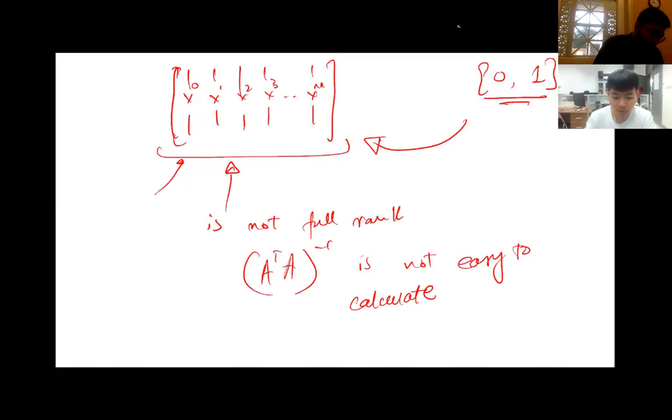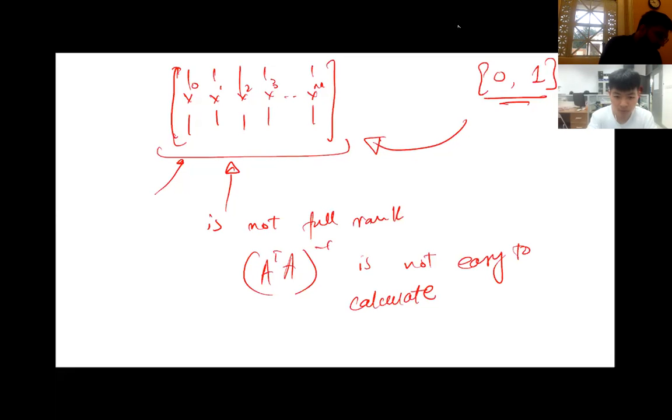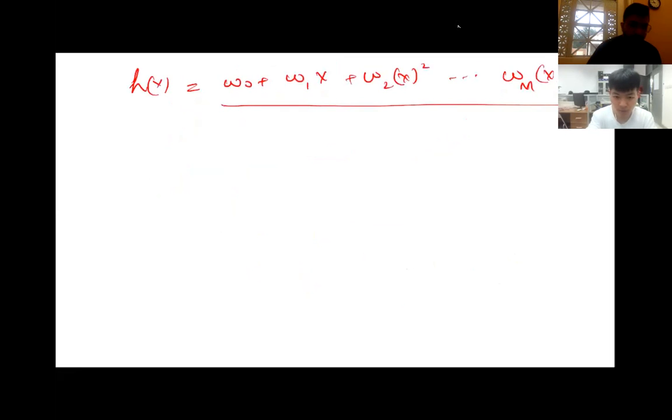Okay, a couple of other side points. We chose these bases. We said that okay, our hypothesis function is W0 plus W1 of x plus W2 of x square and so on. But do we have to choose this hypothesis function?